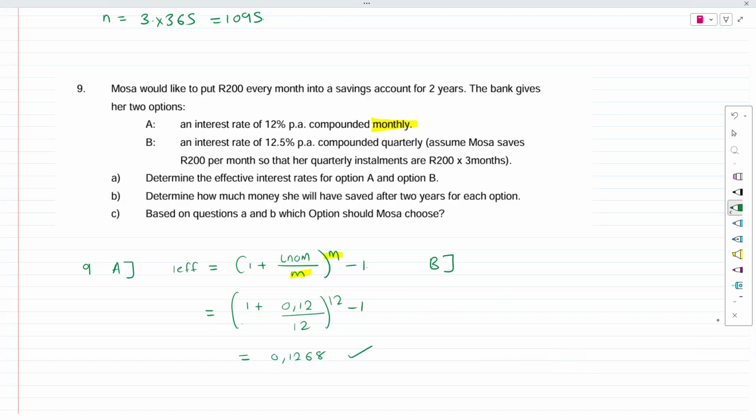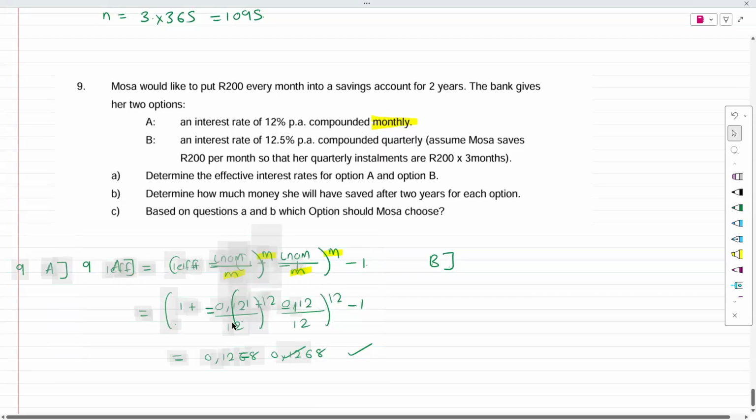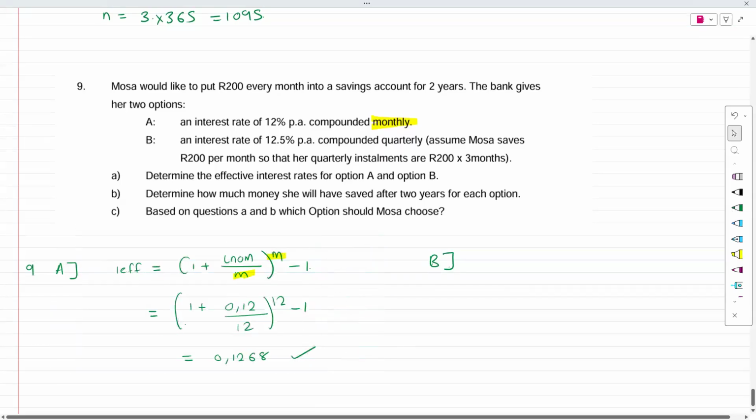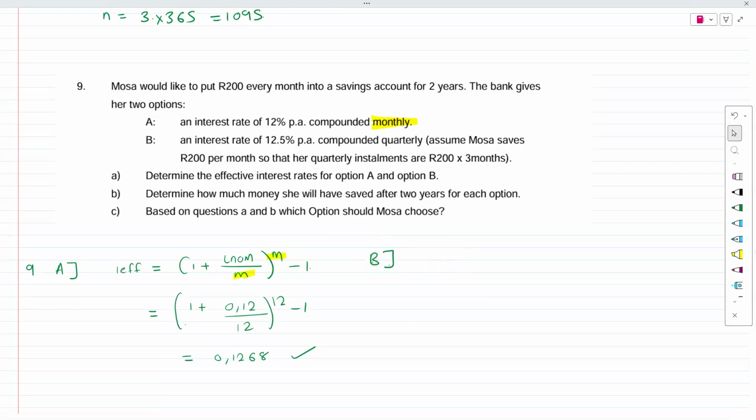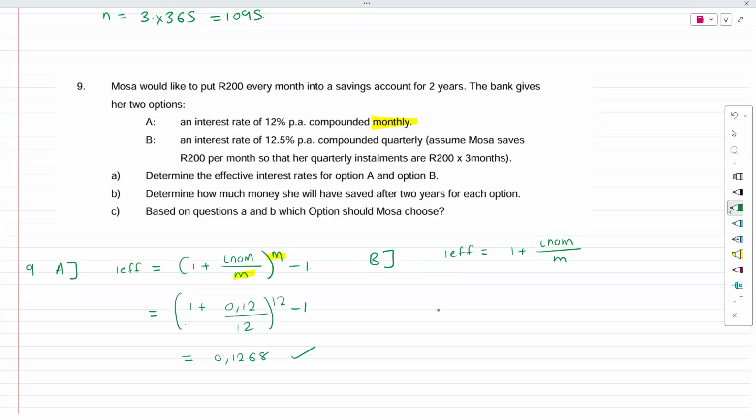For part B, if we go with part B, the effective interest, I see a lot of you having problems with effective interest. So yeah, let's sort that out. For part B, it's the same thing. I effective is equal to 1 plus I nominal over m, to the power of m, minus 1.